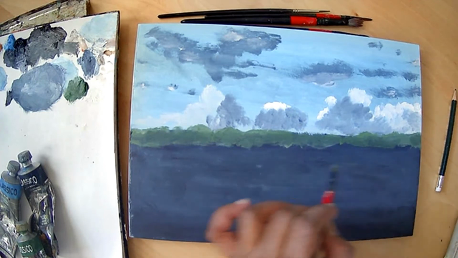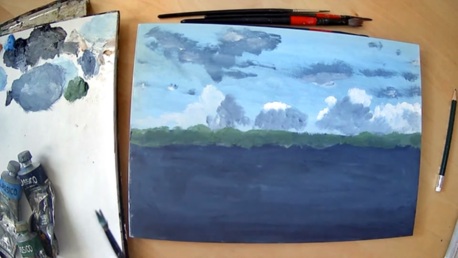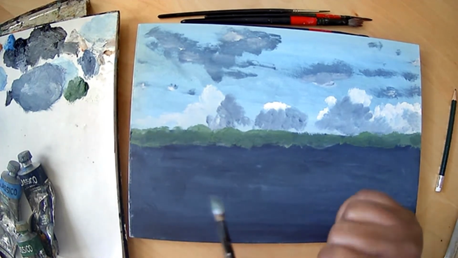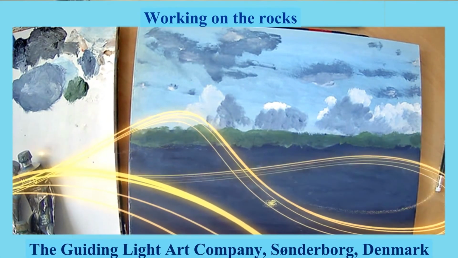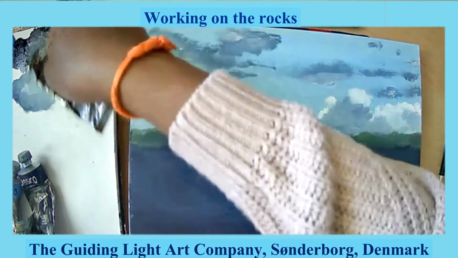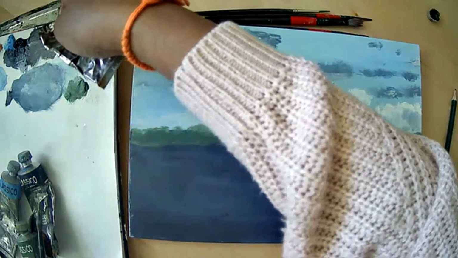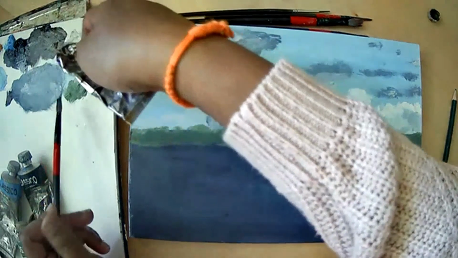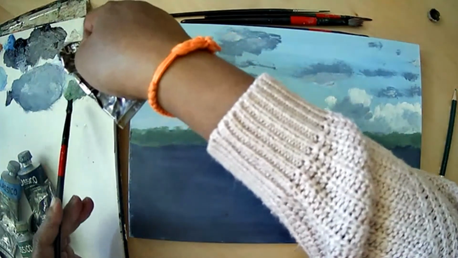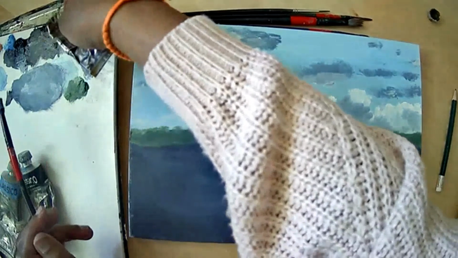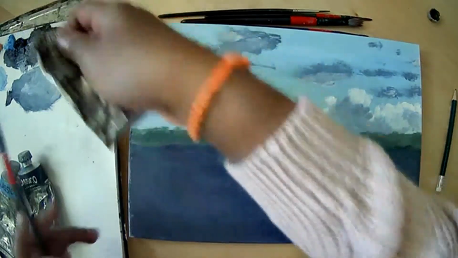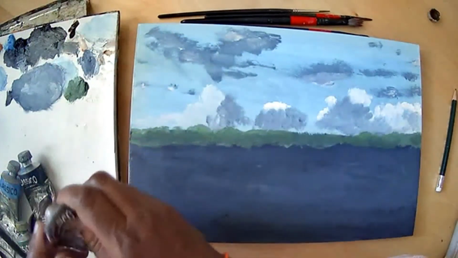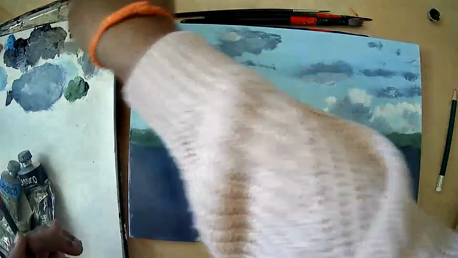When I want to jump into the rock area, I would like to pick up a bit of raw umber. You can use burnt umber or burnt sienna if you do not have raw umber. And also for the green, if you do not have the chrome oxide that you saw me using, it's okay to pick up sap green, olive green, anything will do.